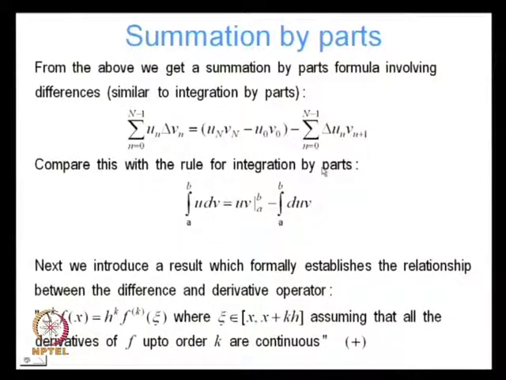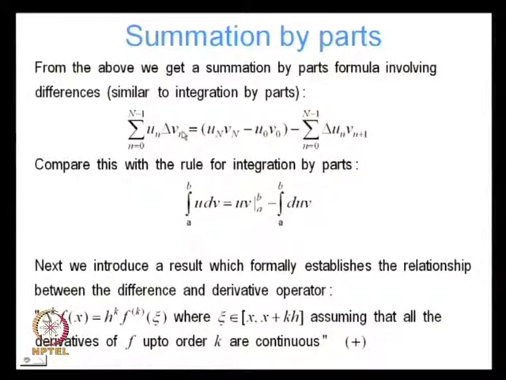Compare this with the integration by parts. If I integrate u dv within the limits a to b, then the integration by parts rule tells me that this is uv evaluated at b and a, the difference between b and a, minus integral a to b of v du. Look at this, this is very similar. This is u dv, if you think of delta as d.